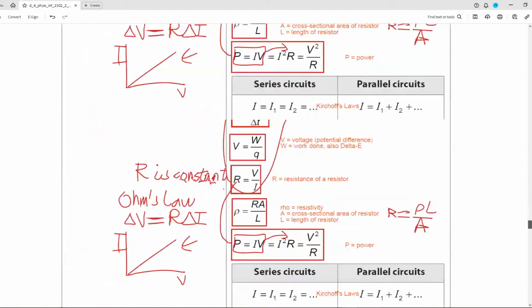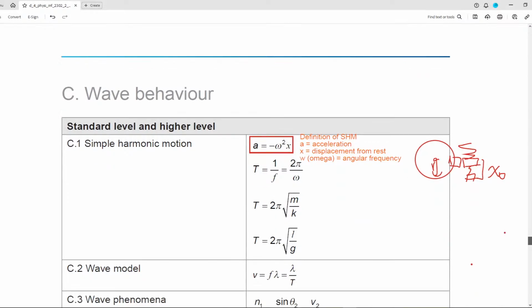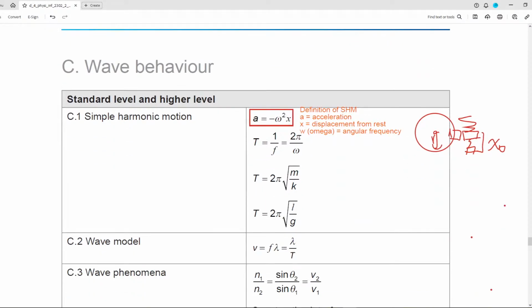So we can conclude that since acceleration for circular motion is omega squared r, this one must also be omega squared times the amplitude x0. The negative just indicates the direction, but for circular motion that one is only the magnitude. Here we have direction as well, so both of these are actually vectors. Once again, this came from centripetal acceleration.